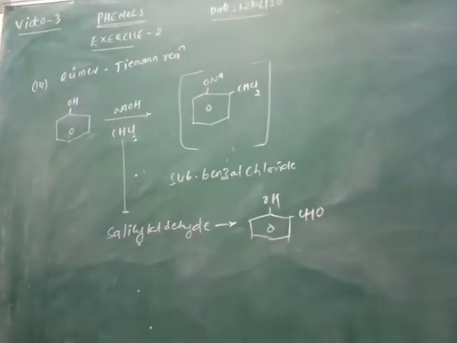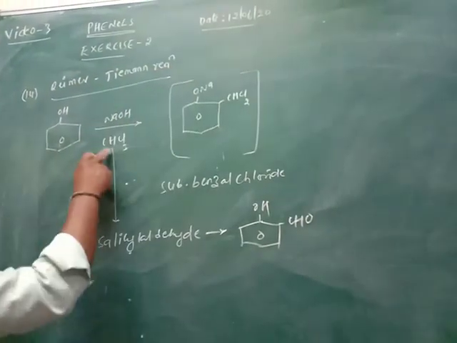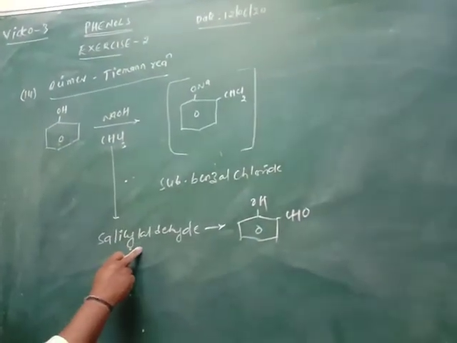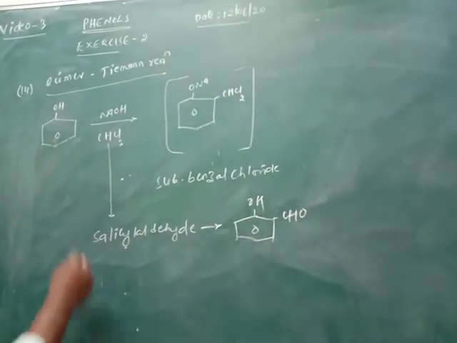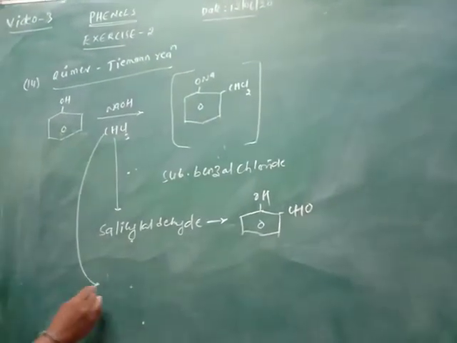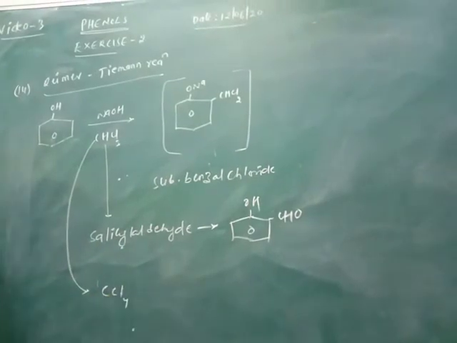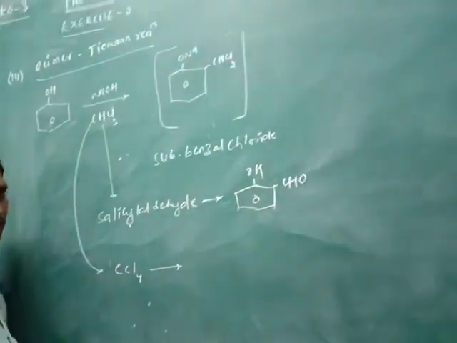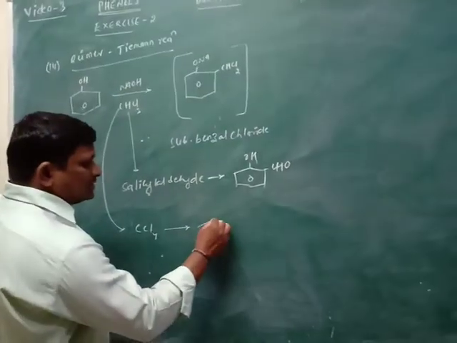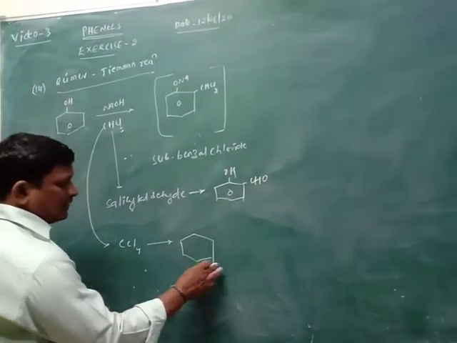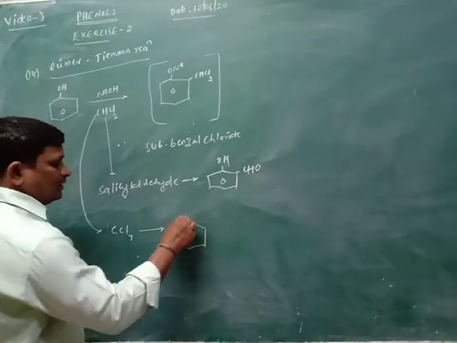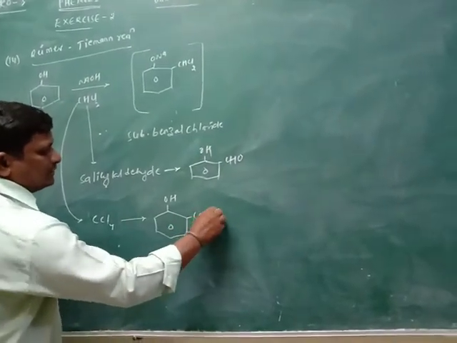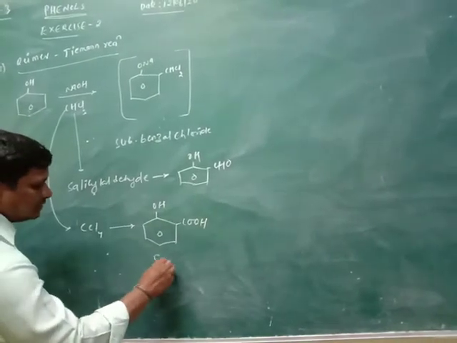In this Reimer-Tiemann reaction, in the presence of CHCl3 the final product is salicylaldehyde. If in place of CHCl3 you take carbon tetrachloride, the final product is salicylic acid.